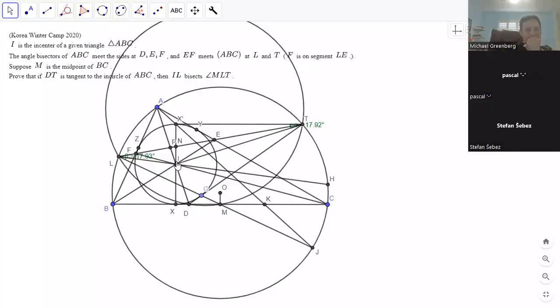With point M and like, think about that. Yeah, I feel like it might be easier to work with ILM than ILT. I don't know.